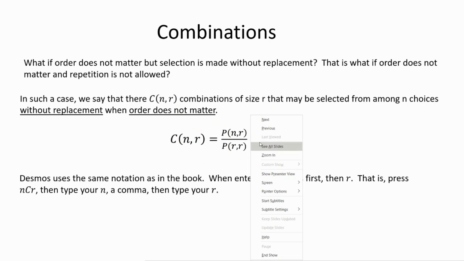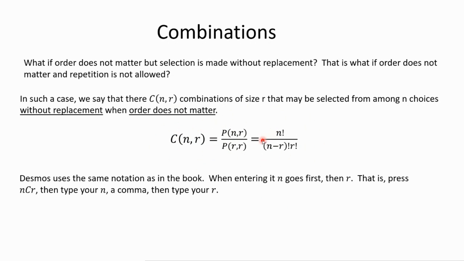Now you could again go by this formula if you wanted to. Desmos does have notation. Instead of a P, basically it's a C. So instead of NPR, it'd be NCR. The only real difference here is that you're dividing by r factorial, which is P of r, r. And you're dividing by that because you have to account for the fact that order does not make a difference.